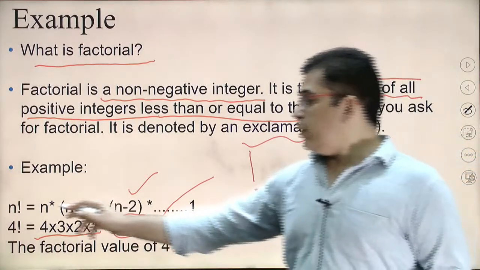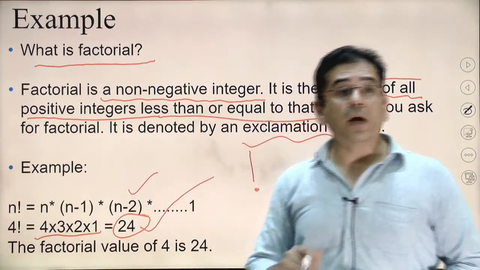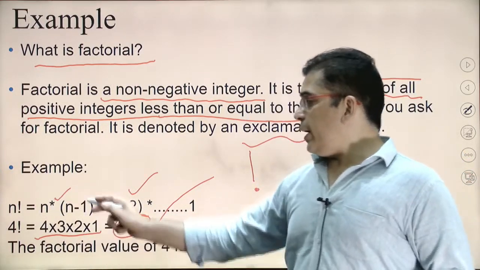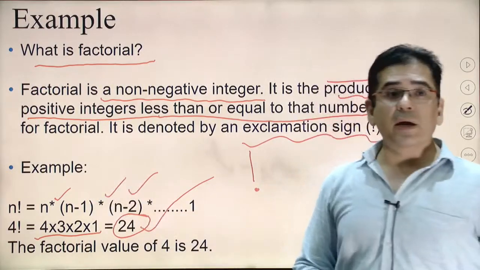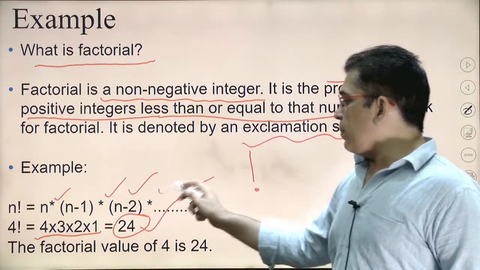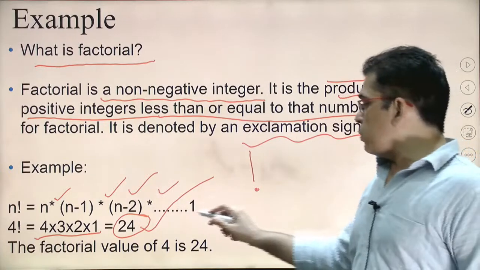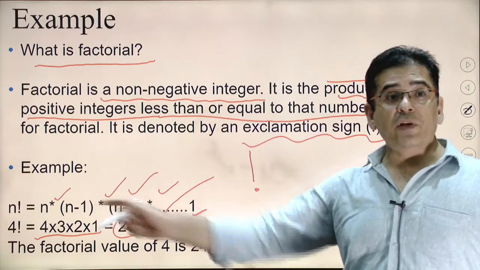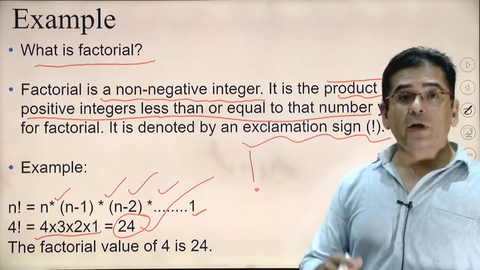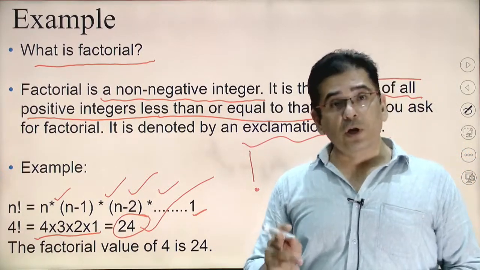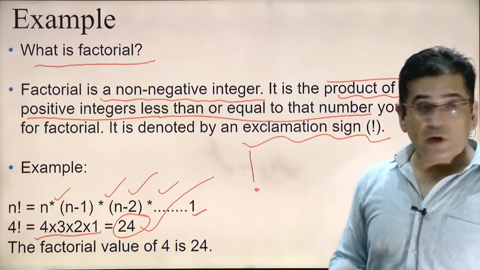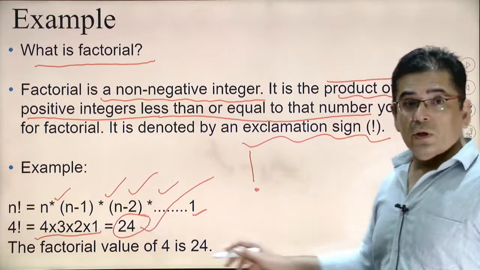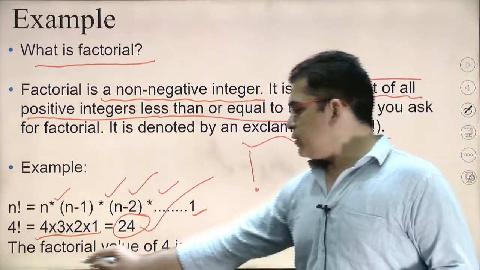So if I want to calculate the factorial of a number n, it can be written as n multiplied by n minus 1 multiplied by n minus 2 multiplied by n minus 3 up to 1, not 0, because if I multiply everything by 0, then the whole product will become 0. That gives only one output, which is 0. So the factorial of 4 is 4 into 3 into 2 into 1, which is 24.